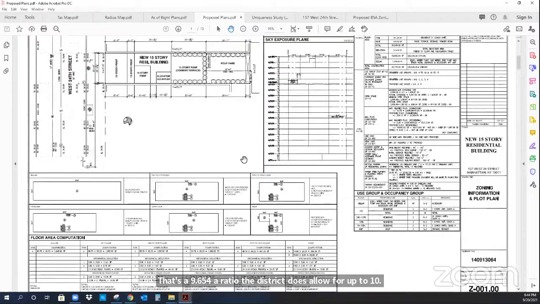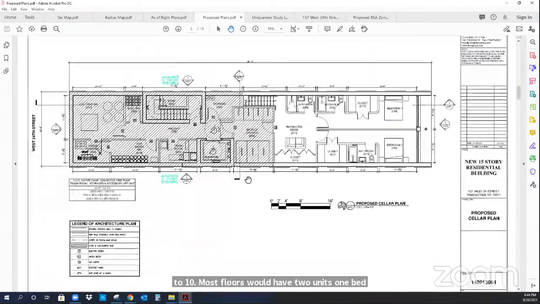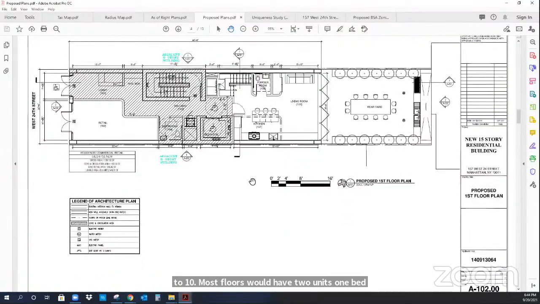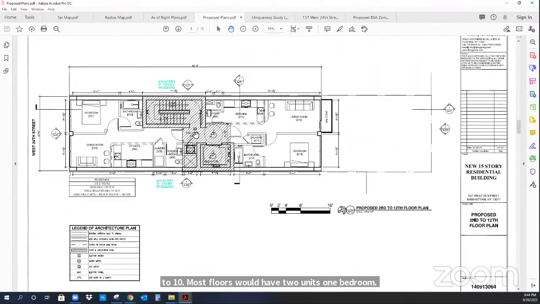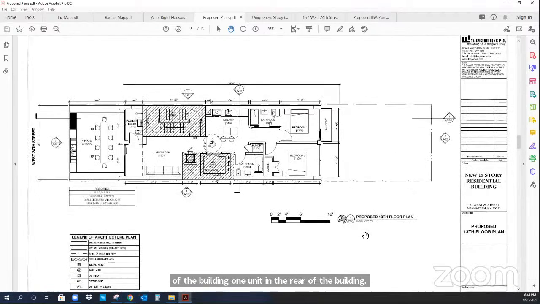Most floors would have 2 units, 1 bedroom each. I'll show you that. For instance, floors 2 through 12, stairwell, elevator, you come off a small hallway. There'd be 1 unit in the front of the building, 1 unit in the rear of the building. The top 3 floors, floors 13, 14, and 15 would be 2 bedroom units.